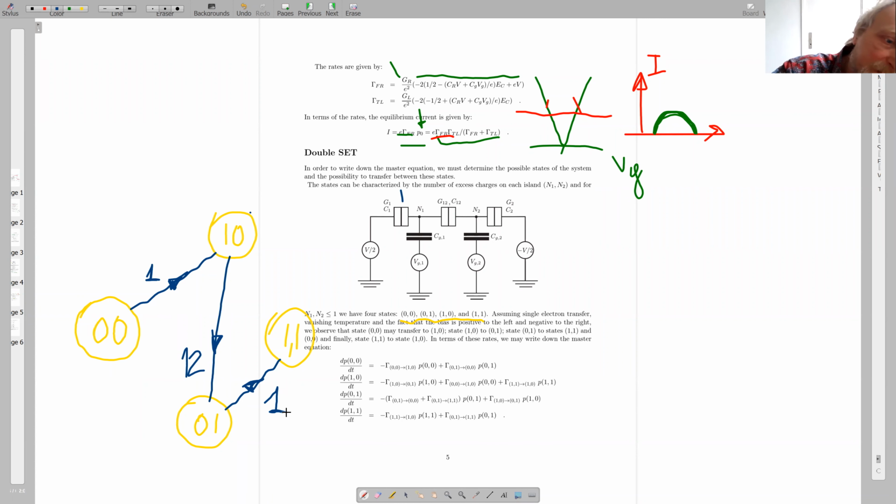So what do we do if we come to 1, 1? All right. It can go here. And in this case, the second junction is involved. Something else? You can help me to finish this diagram.